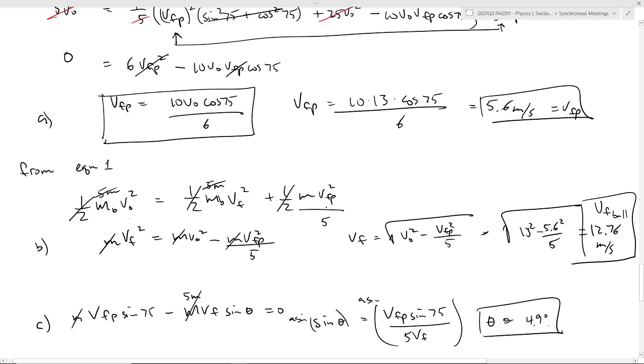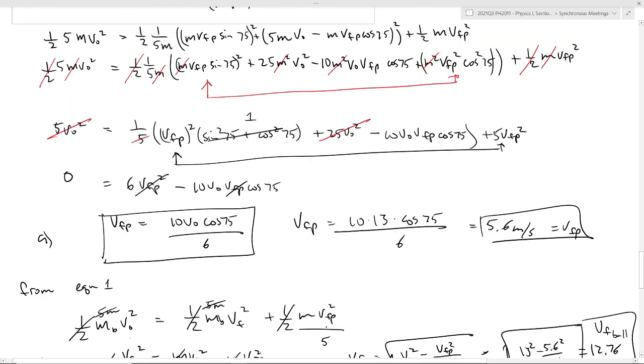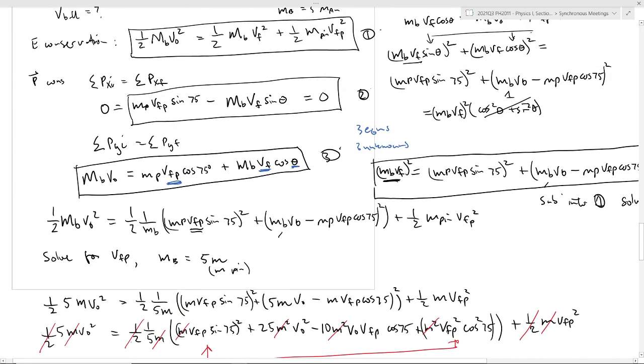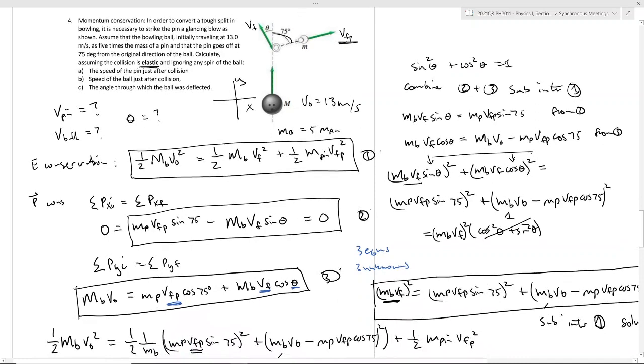So obviously this ends up being a pretty complicated problem because we have 3 unknowns, but I think it's good for you to see kind of a gory problem like this. I can't really ask you to do something as complicated as this on the exam because it would take too long, but I might ask you to set something up like this where you have momentum conservation in x and y and also energy conservation, or I might ask you simpler versions of this where you don't have as many variables.